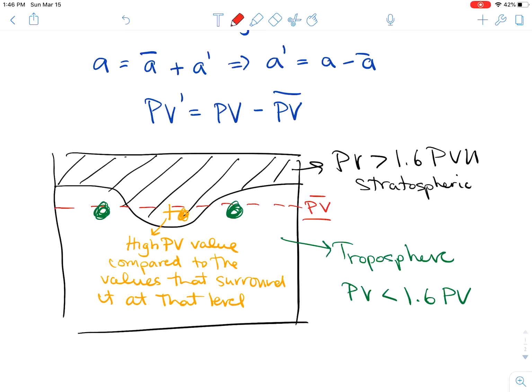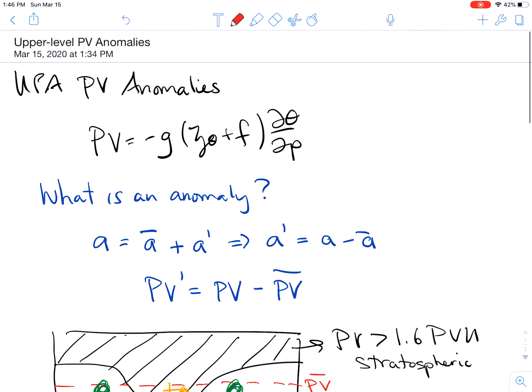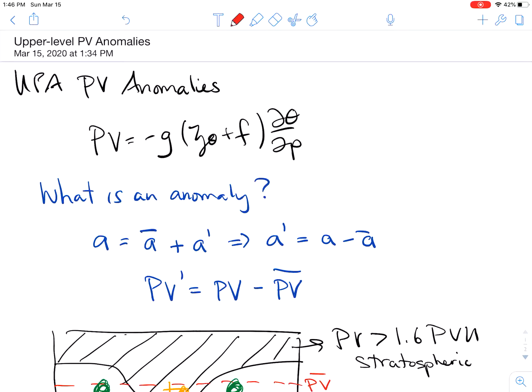So the question is, what gives us this positive PV anomaly? Thinking back to our PV equation, we have the static stability times the absolute vorticity.